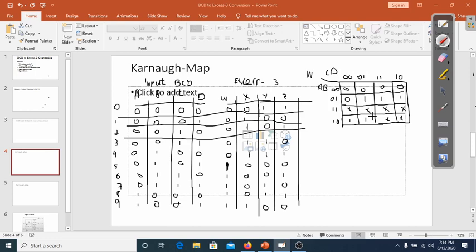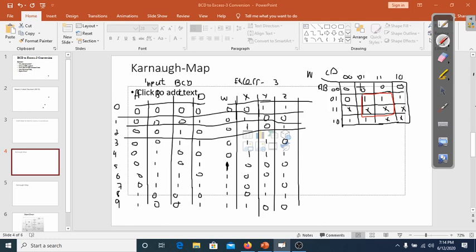So here, these four boxes are adjacent. These four boxes I can use them. Okay, let me change the color. These four boxes are adjacent.